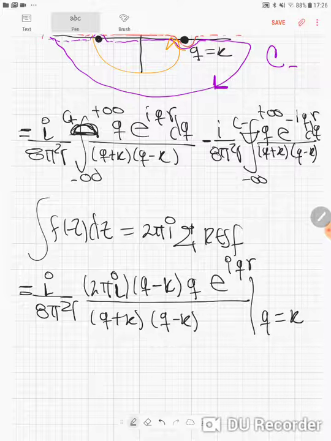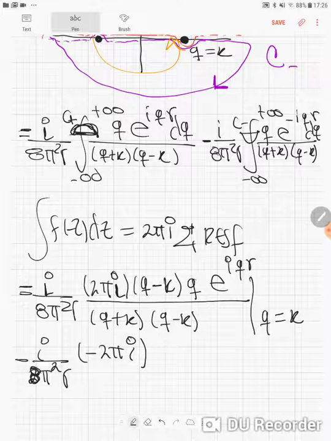Okay, so this is the first term, and the second term with the minus sign is minus I divided by 8 pi square r. Now this is times minus 2 pi I. And why is it minus 2 pi I and the other 2 pi I?